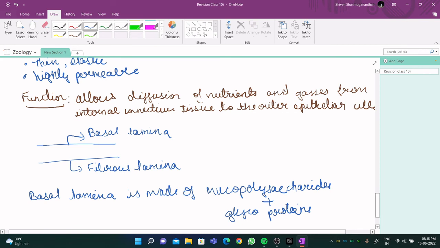Glyco means sugar, and protein is protein.